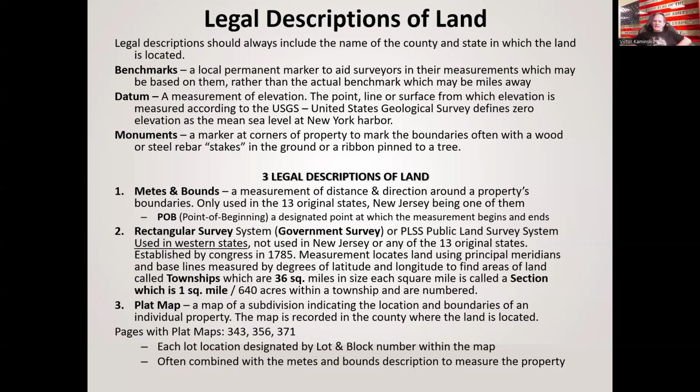What is a measurement of elevation? The datum. The datum's important. It turns the map into three dimensions, because now you're not just measuring the flat map. You're turning it sideways and measuring in 3D, because you're measuring elevation too.